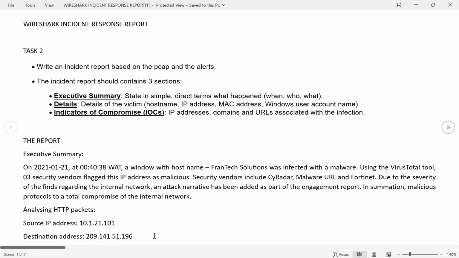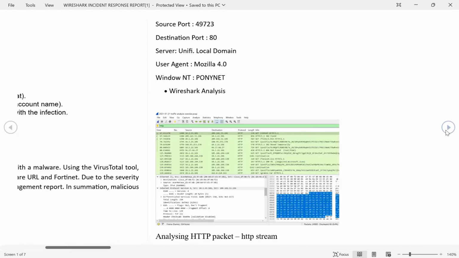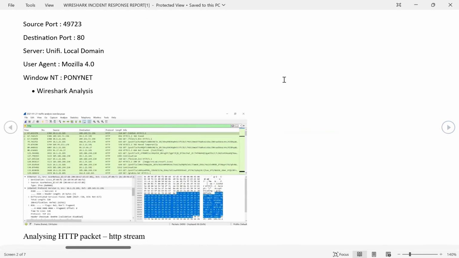I got all details there. The host name was there. And then using the IP address, I checked it on VirusTotal, and I saw that 3 security vendors flagged the IP address as malicious. The 3 vendors were CyRadar, MalwareURL, and Fortinet.